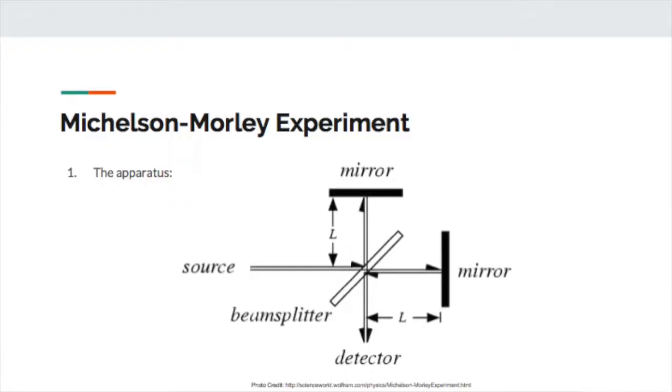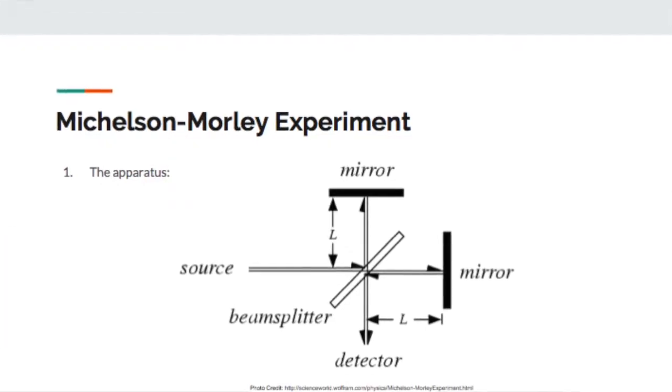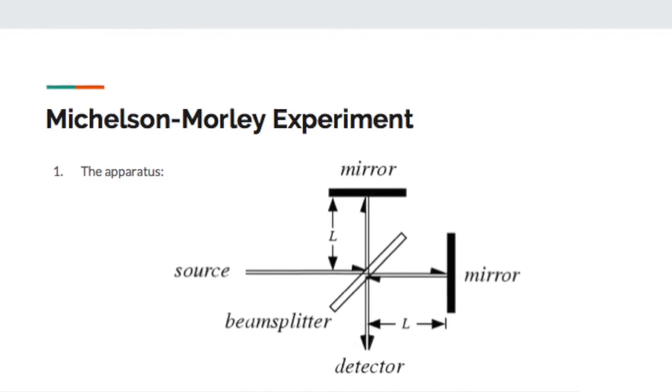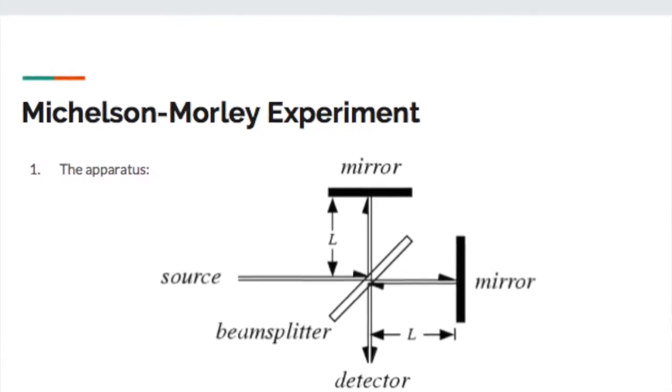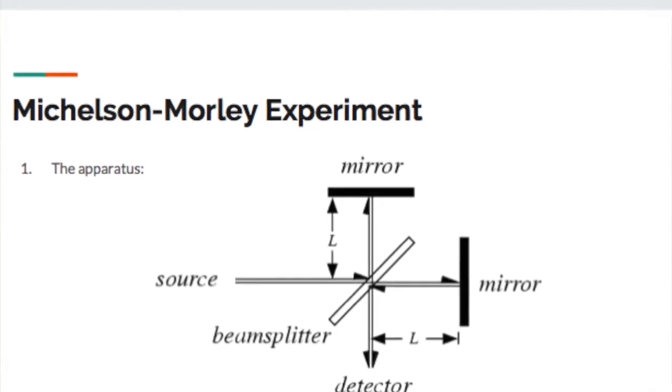An important thing to note also for this apparatus is that it was able to be rotated, so it could test every possible configuration relative to the ether by just rotating this giant block that the apparatus was on. So this detector is the interferometer, so we obviously have two light waves arriving at the interferometer, and that's how they would detect minute differences if there was a phase difference between the two light waves arriving at the detector.